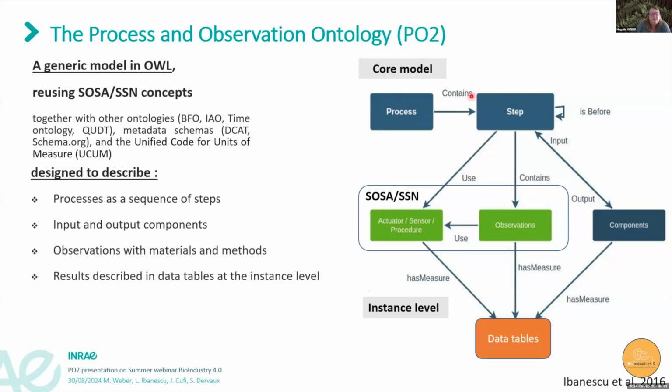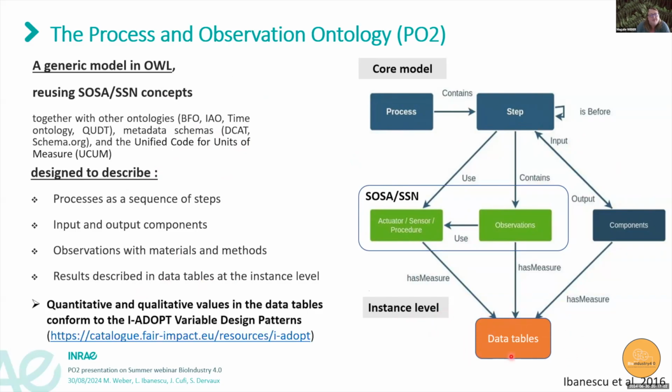And this generic model was designed to describe processes as sequences of steps, here in blue, and input and output components. And these are the special PO2 core concepts, and then we are reusing SOSA-SSN concepts for observation with materials and method. And the results finally are described in data tables at the instance level.